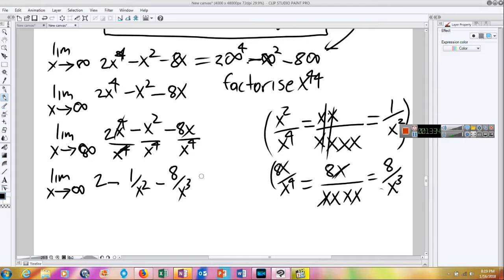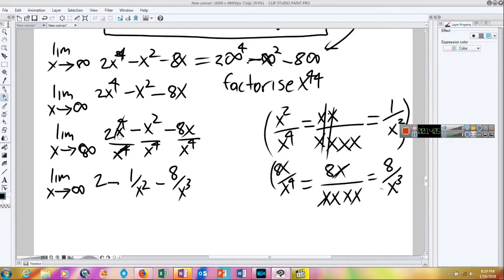Yes, I said it: 8 divided by x to the third power.